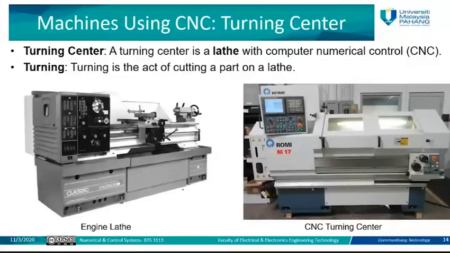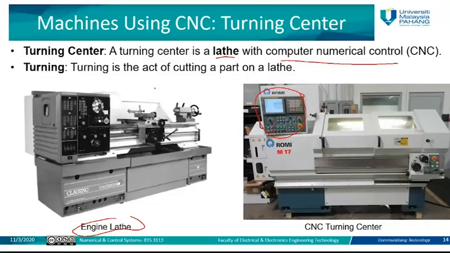These are some of the existing turning centers. The turning center here is actually a lathe with a computer. This is the lathe machine or the engine lathe, which was manually operated or NC operated, but this one is computerized, which is CNC, and we call it a turning center.